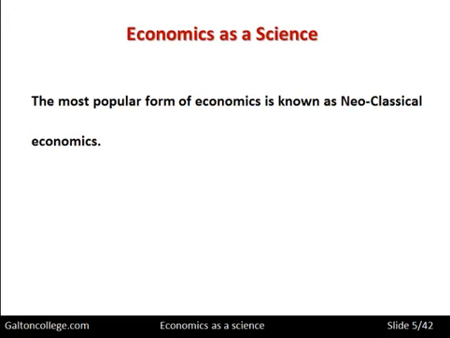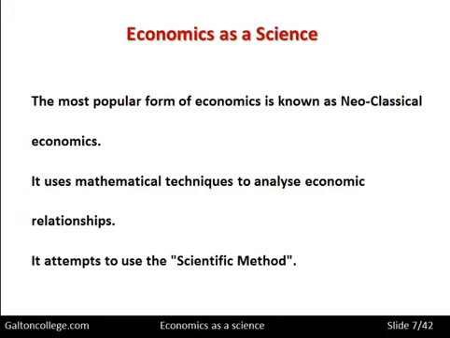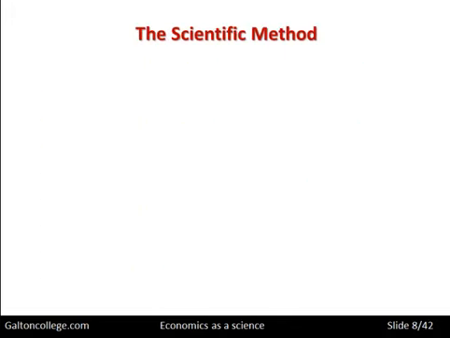So there are different views, but by and large, the orthodoxy, what is mostly taught at universities, is what's known as neoclassical economics. As I said, it uses mathematical techniques to analyze economic relationships. But it also attempts to use the so-called scientific method. Now this is very important, and we need to inquire into what's meant by the scientific method.